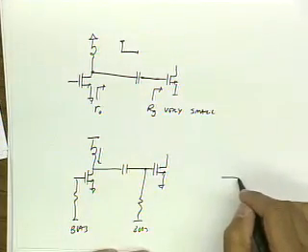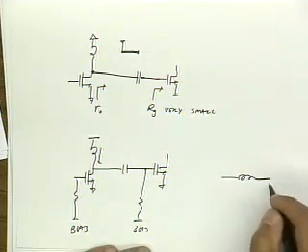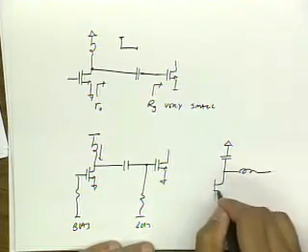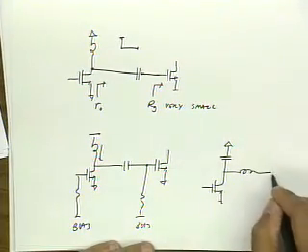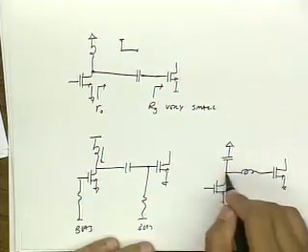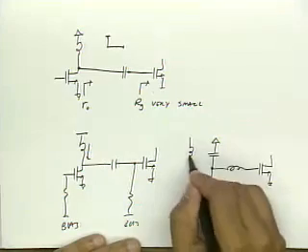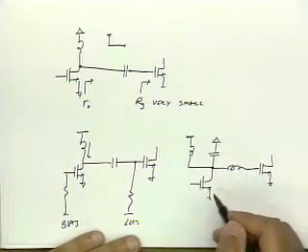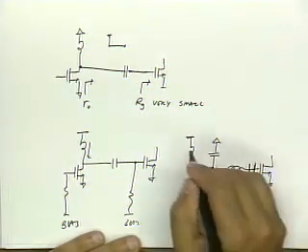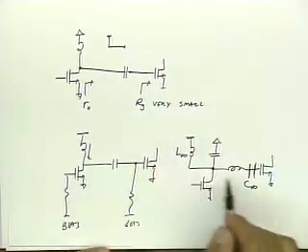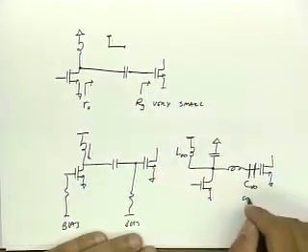So, for instance, if I wanted to do a low-pass, I would do something like this, but I still need to provide DC current, so I need another inductor here. And now I need to provide another capacitor. So this is L infinity and this is C infinity. We call this a choke and we call this a coupling capacitor.